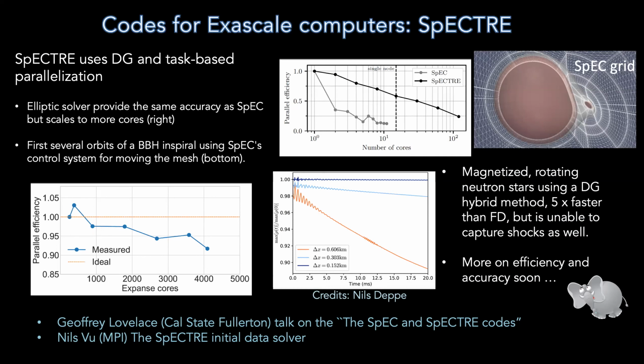You can see the efficiency for elliptic solvers and as well for the first several orbits of a binary black hole. So I believe that Geoffrey Lovelace will be talking about both the SpEC and the SpECTRE code in this conference, and Nils Vu will also be presenting about the SpECTRE initial data solver. Okay.